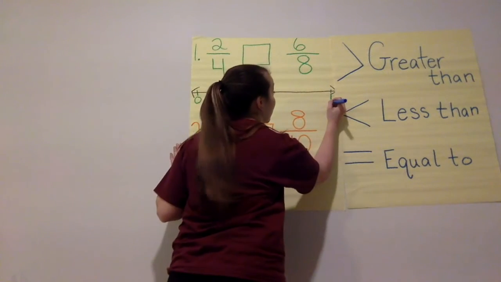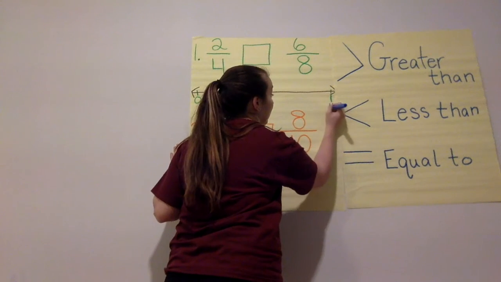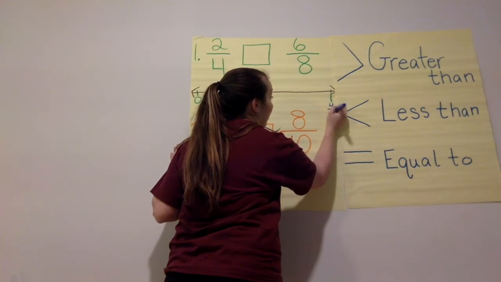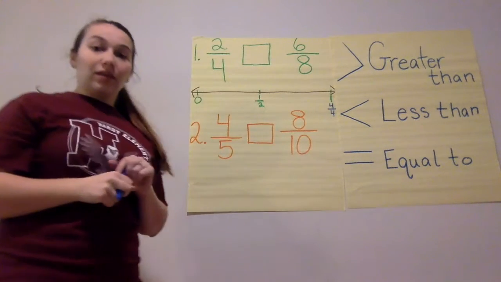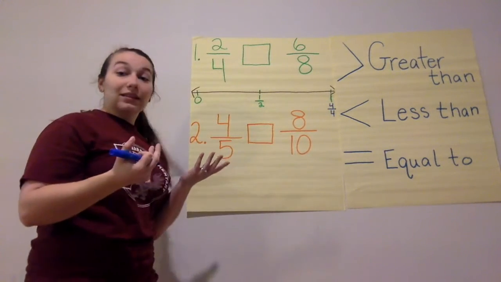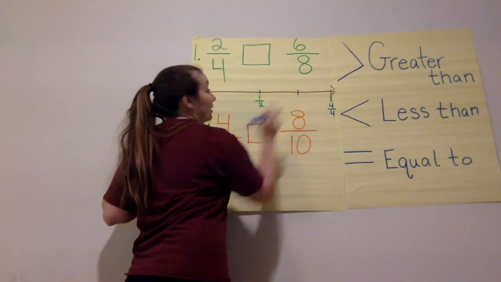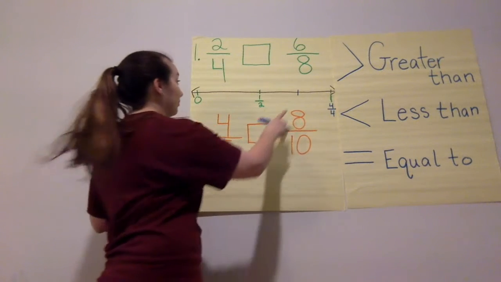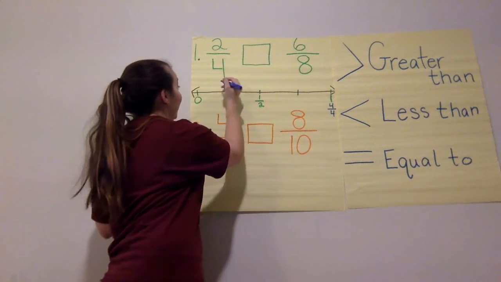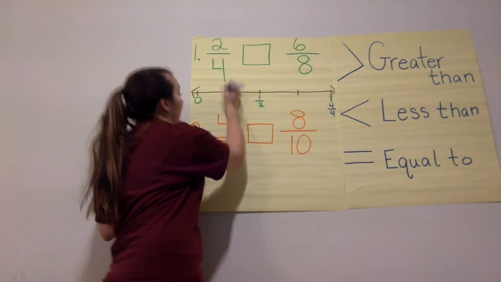Very nice. So I'm going to take my 4/4 and I'm going to label it right under the 1 whole. All right. Then I'm going to know that there's going to be 1 section in between here, 1 right here, and then 1 section in between here.